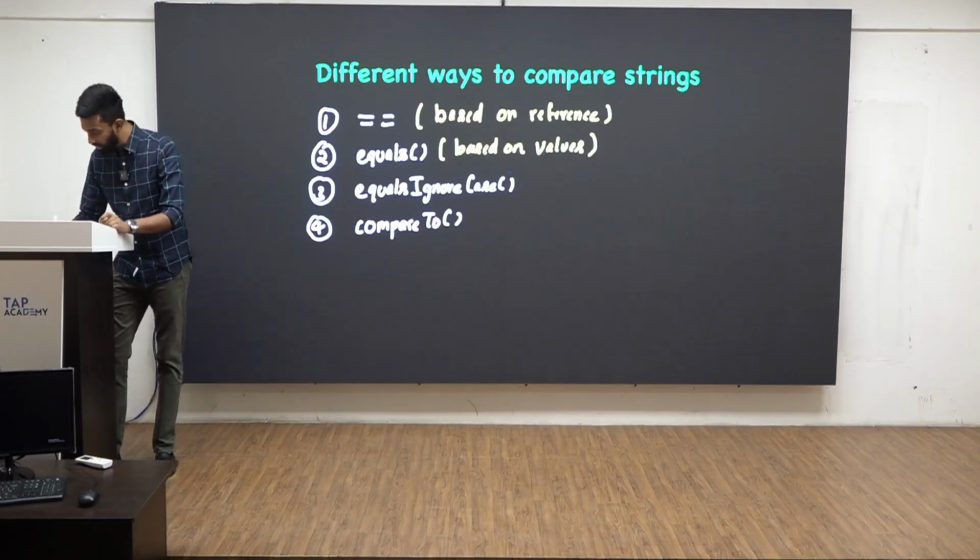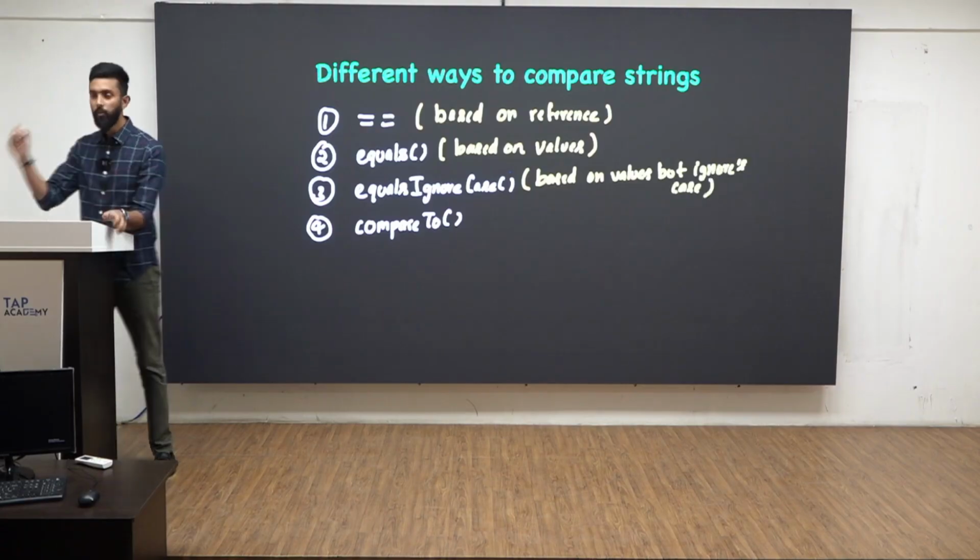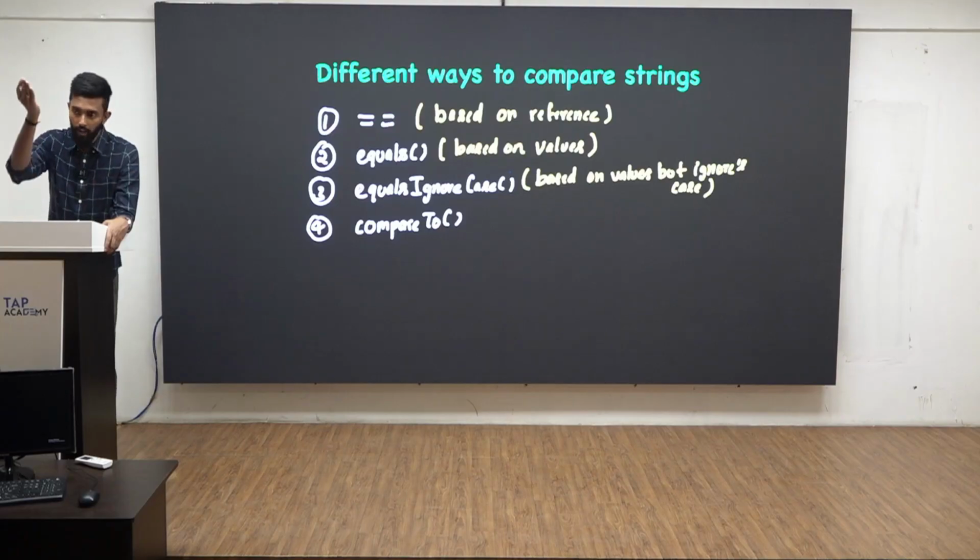Third one, equals ignore case, also compares based on values, but it ignores case. When I say case, I mean uppercase and lowercase. Understood?